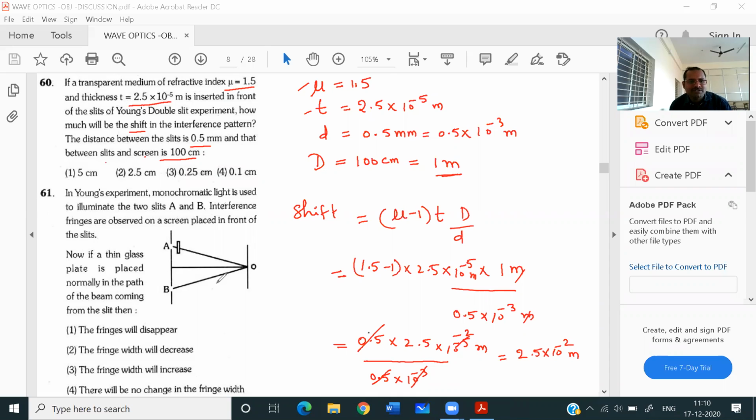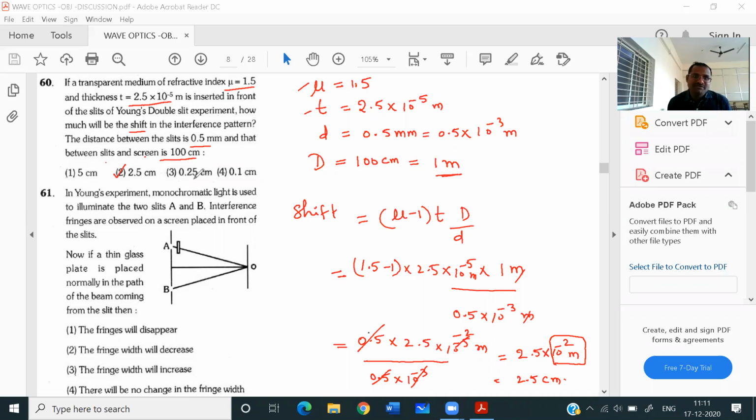Now check options. 10 to the power of minus 2 means 1 by 100, so 1 centimeter is equal to 10 to the power of minus 2 meters. Means the answer is 2.5 centimeters.